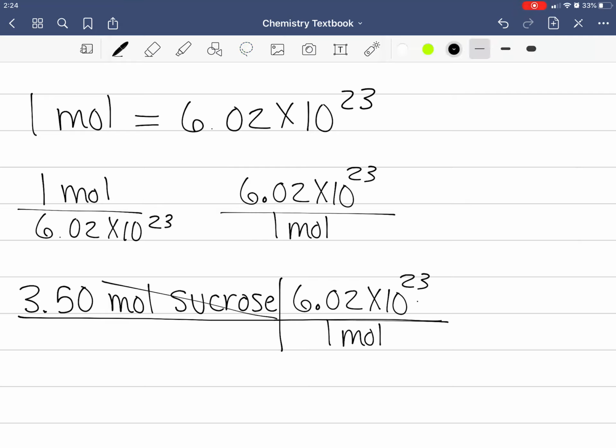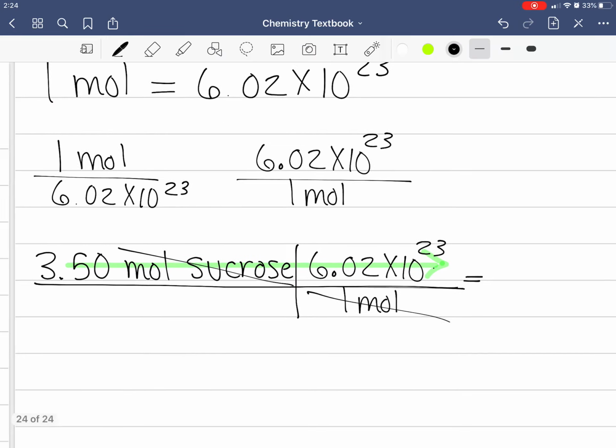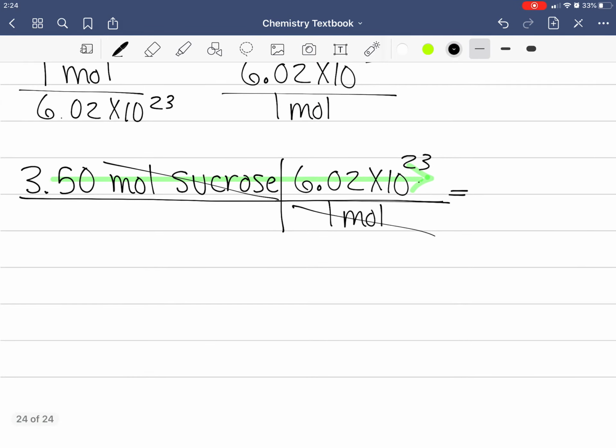So moles cancels with moles, and then I will multiply this across. 3.5 times Avogadro's number. When you type it in the calculator, I want you to keep in mind that this is in scientific notation.